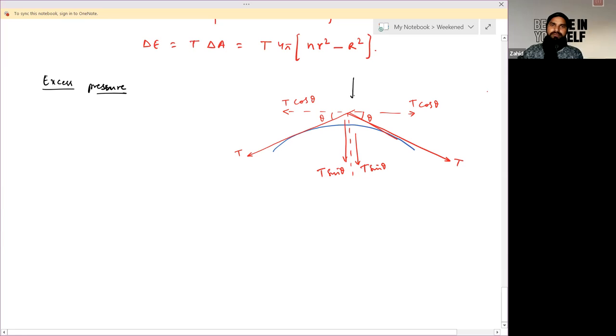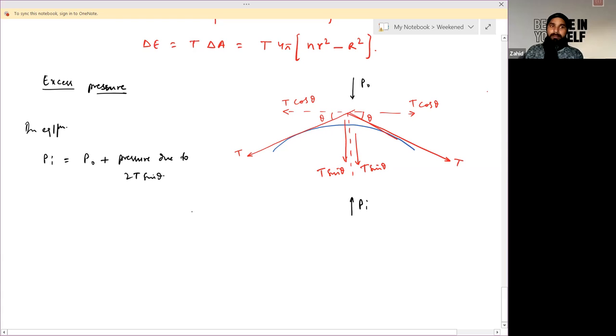The other thing will be the pressure from outside like this, and the pressure from inside like this. So you will say in equilibrium, pressure inside equals pressure outside plus pressure due to 2T sine theta.